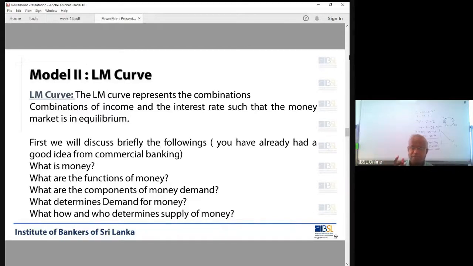If we all agree to use this face mask as money, okay. 2 kilograms of rice, maybe 1 or 2 face masks. 2 loaves of bread, maybe 2 masks. Then 1 small chocolate, maybe 1 mask. Like that, you can have a unit of account, money.